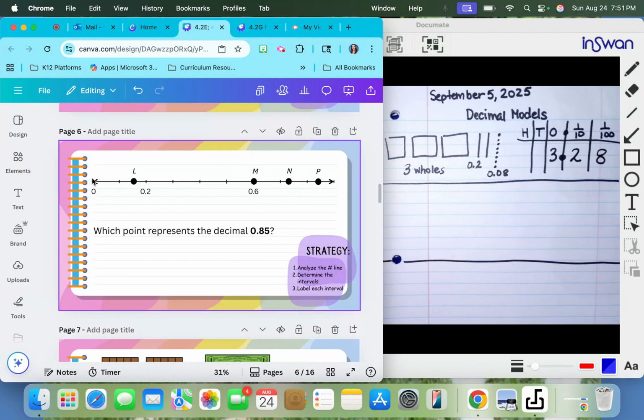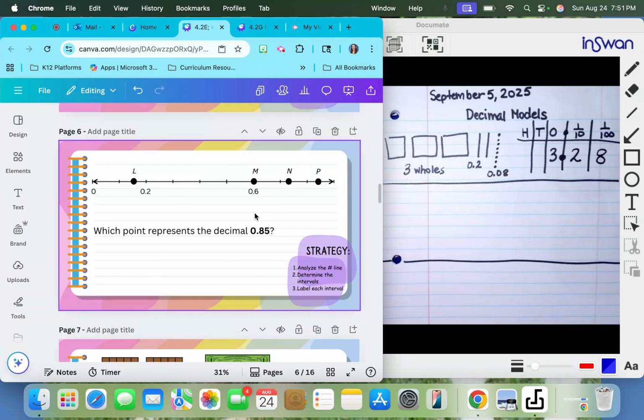So we have 0, 1 tenth, 2 tenths, 3 tenths, 4 tenths, 5 tenths, 6 tenths, oh, it's looking good, 7 tenths, 8 tenths, 9 tenths. Does counting by tenths make sense here? It does. It lined up as we counted with the tenths that they gave us.